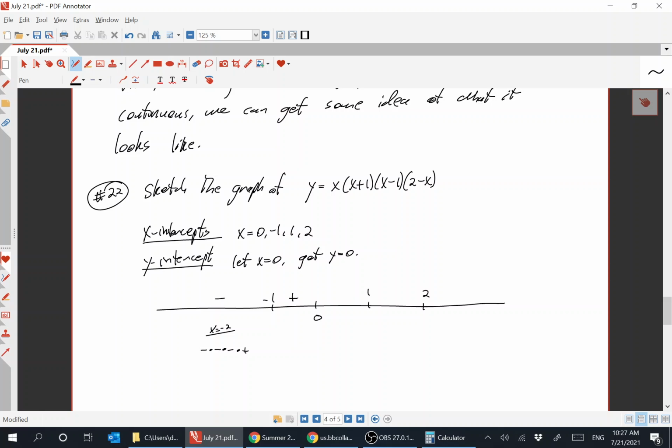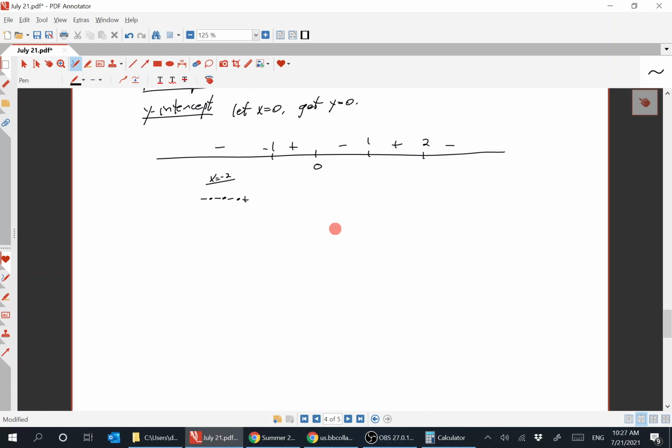And then with this one, it alternates. Basically because there's no squares in here. When some of the factors are squared, then you might not alternate. But this one alternates. So negative, positive, and then from that you can get some idea of what this graph looks like.